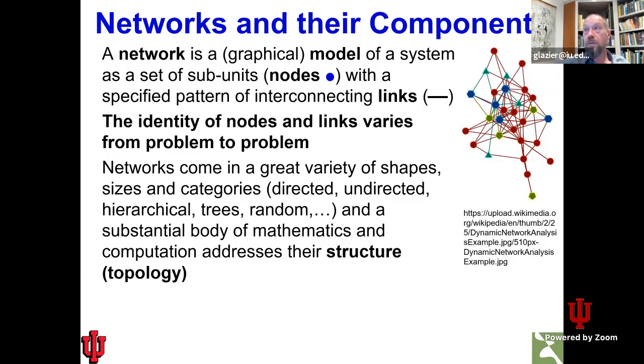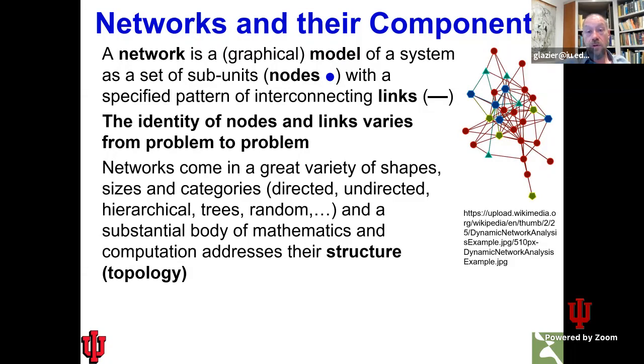But the key thing about a network is that there are nodes, subunits, here little circles, and a set of connections between the nodes, links. That concept of topological arrangement of nodes and links is a network. What the nodes and links represent will depend on what you're trying to model.